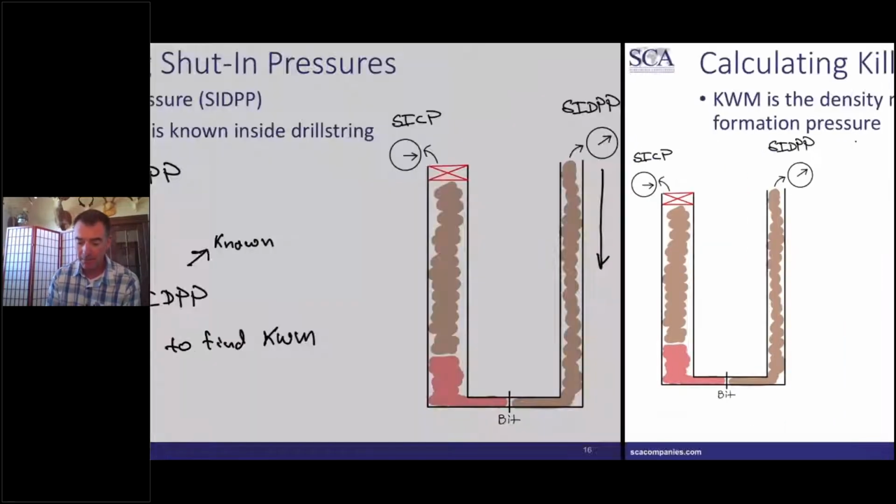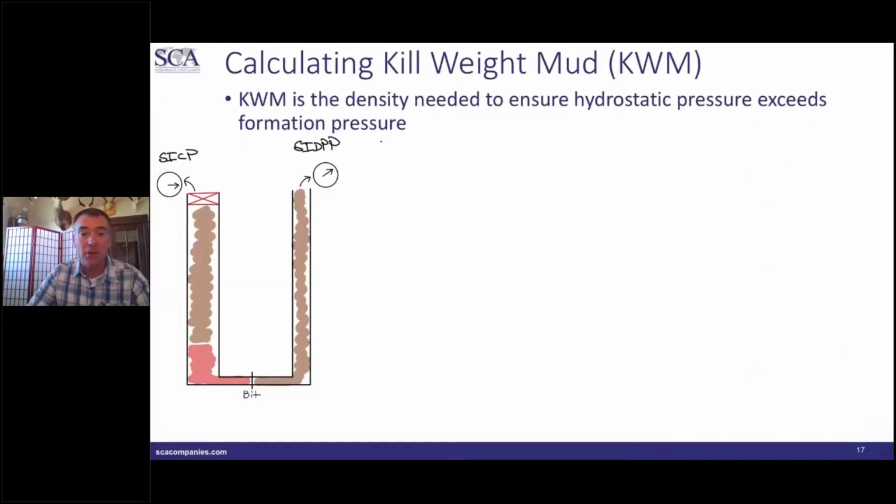Okay, so just a quick example calculating kill weight mud here. If the mud in the drill pipe is all one density, let's make a quick example. Let's say we have a 10,000 foot TVD well, and I'll use my standard 10.0 ppg drilling fluid. Just to make this easy, my shut-in drill pipe pressure is 500 psi.